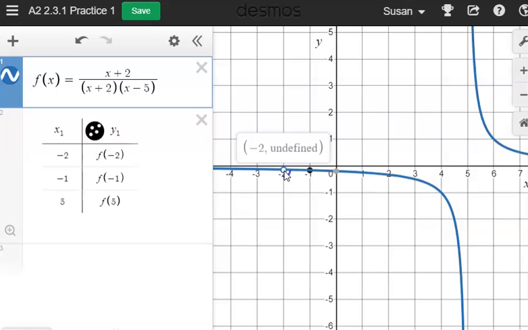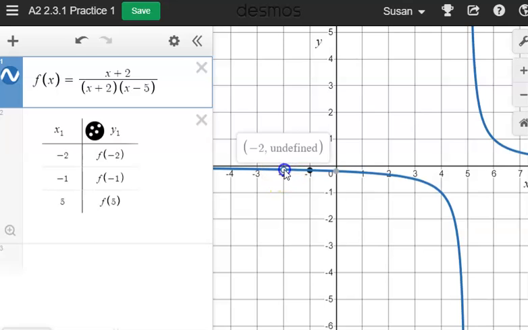That's because you can't plug a negative 2 in this denominator. But there is an x plus 2 on the top, so that's kind of interesting. So the graph does not have a vertical asymptote at negative 2, but basically what happens at negative 2 is there's a hole in the graph.